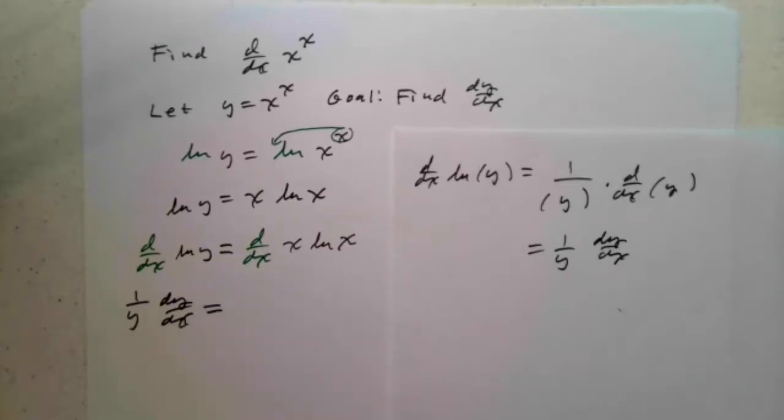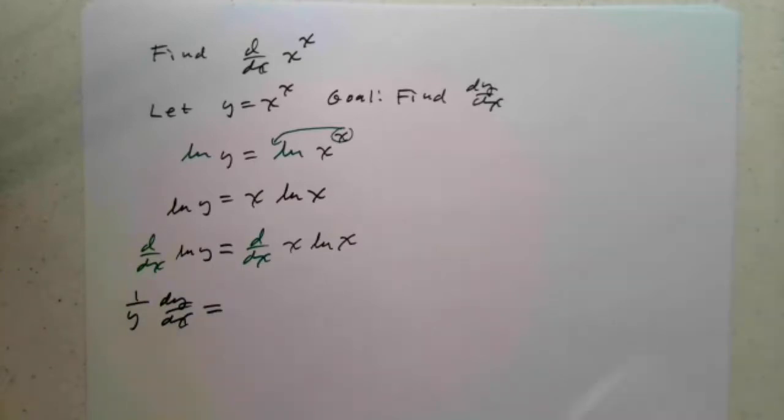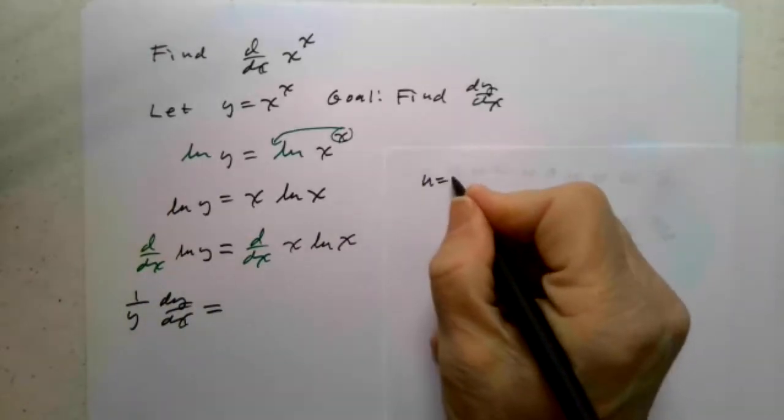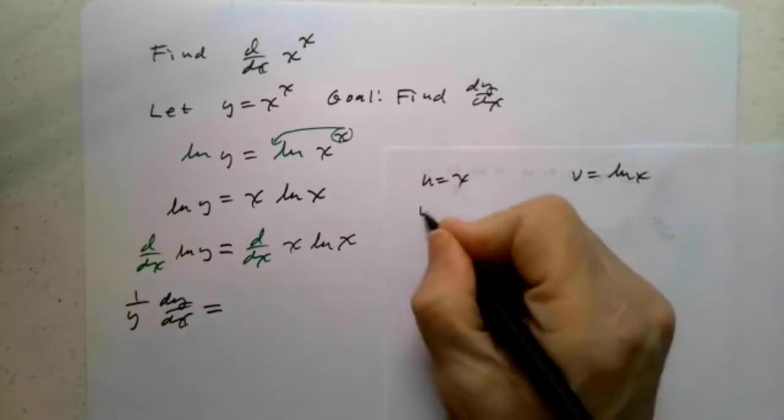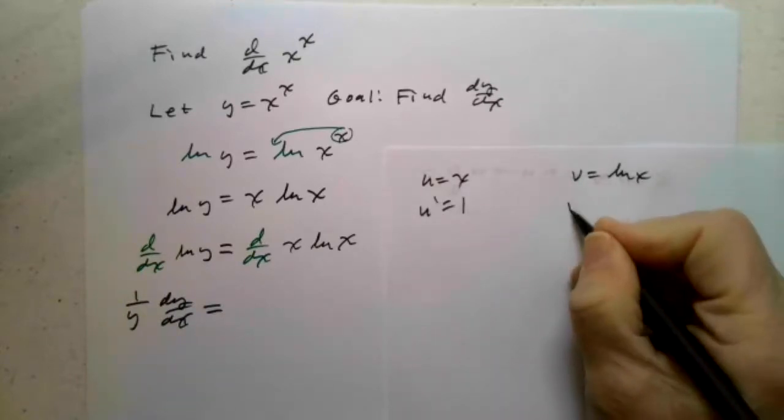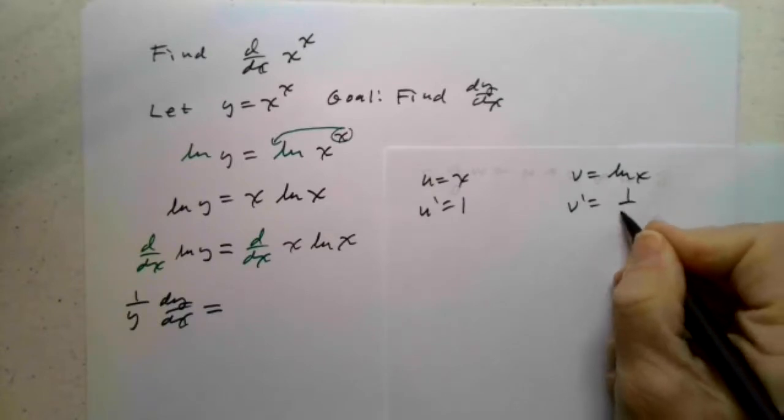Now over here, I want to get the derivative with respect to x of x times natural log of x. That's going to require us to use the product rule. So we'll say u is x, and we'll say v is natural log x. u prime, the derivative of x, is 1, v prime, the derivative of natural log x, is 1 over x.